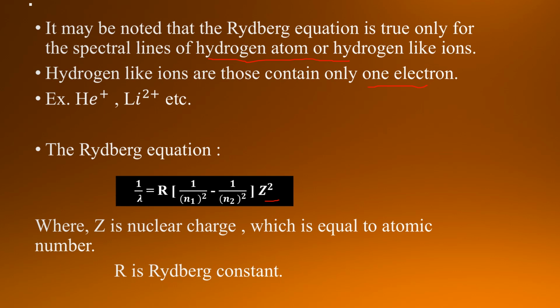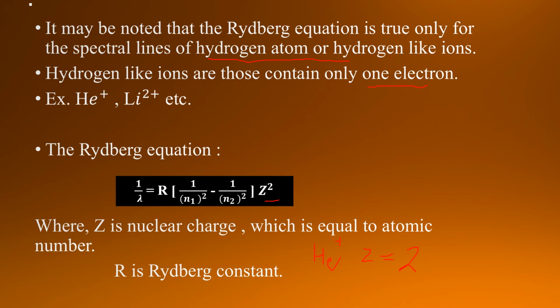This must be noted: here z is the atomic number or the nuclear charge. For helium ion, He positive, the atomic number of helium is 2, so in place of z you have to write 2 square.